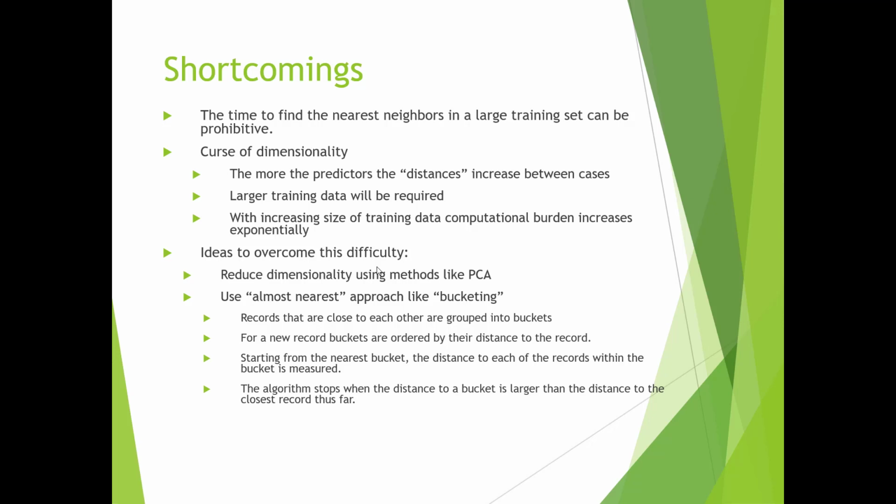Once you find the cluster, you find the closest observation within the selected cluster. That way you can reduce the computational burden. So records that are close to each other are grouped into buckets. For a new record, buckets are ordered by distance to the record, and then you select the nearest bucket and perform the calculations for it.